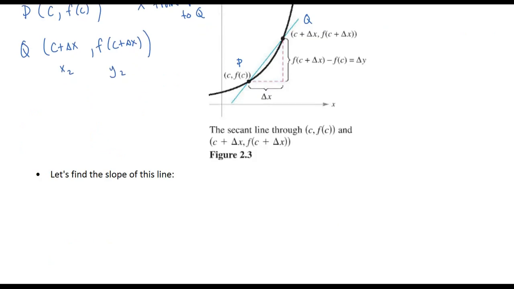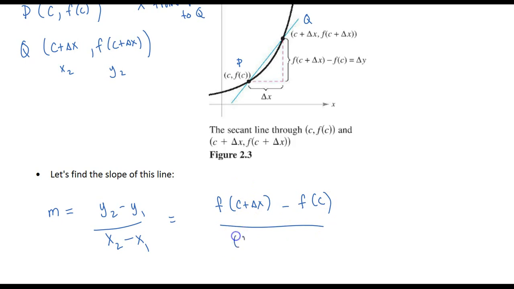Now, finding the slope, we're just going to use the standard slope formula. It would be the rise, y2 minus y1, over x2 minus x1, so the rise over the run. In this case, that's f of c plus delta x minus f of c, divided by c plus delta x minus c, because those are my two x values.